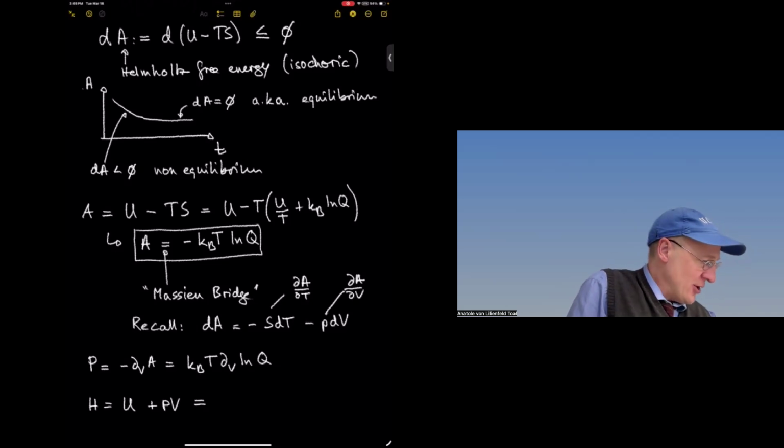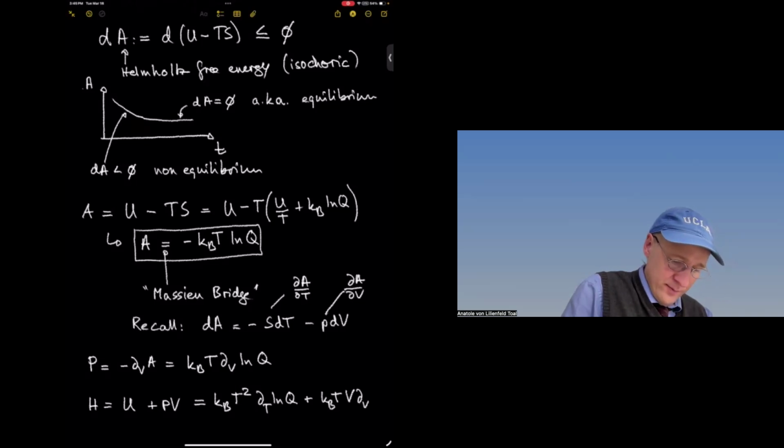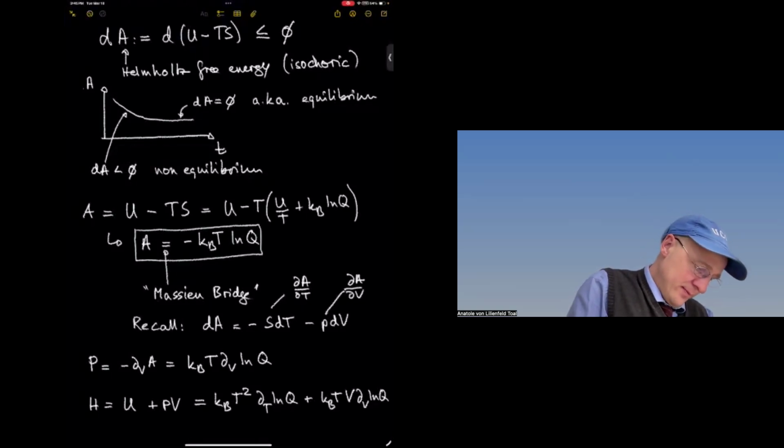We can insert these quantities and we find kB T squared dT logarithm Q for U. And P is coming from above, and we multiply it with V. Okay.